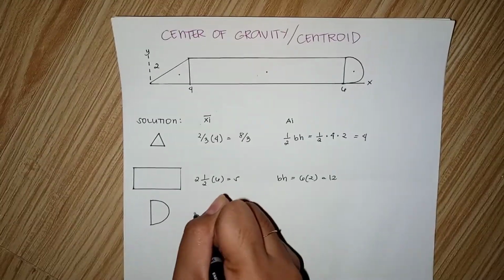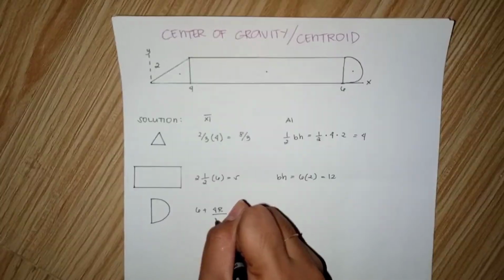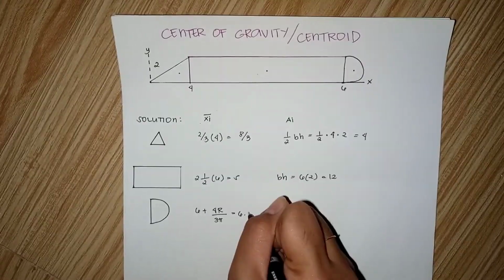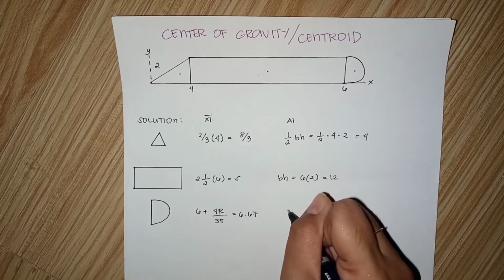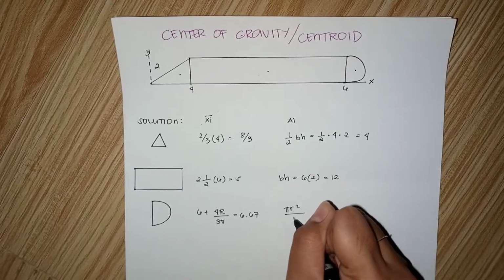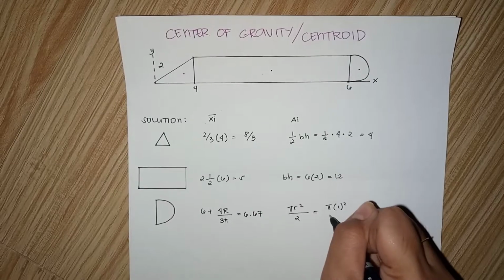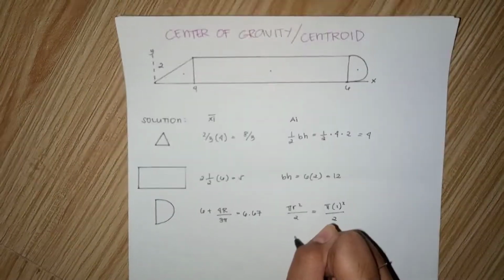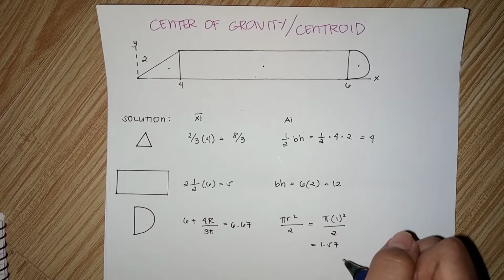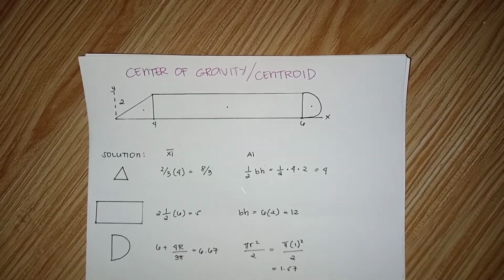And then the parabola x-bar will be 6 plus 4r divided by 3 pi is equal to 6.67, and then the area is pi r squared over 2 is equal to pi 1 squared over 2 is equal to 1.57.